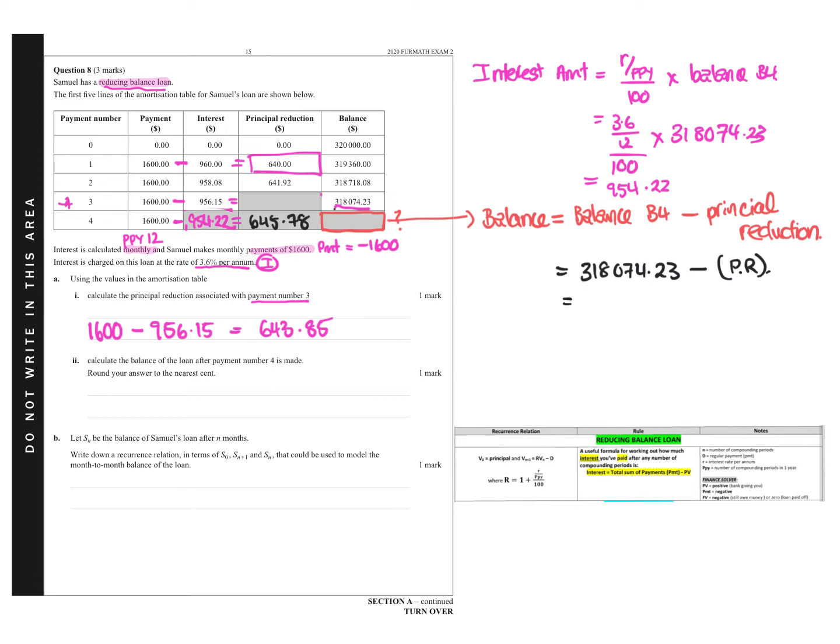We can put that over here, and we can find the balance of the loan, which would be 317,428.45.